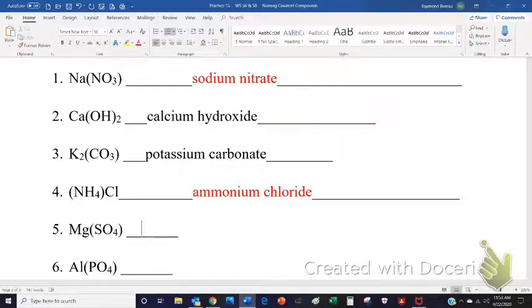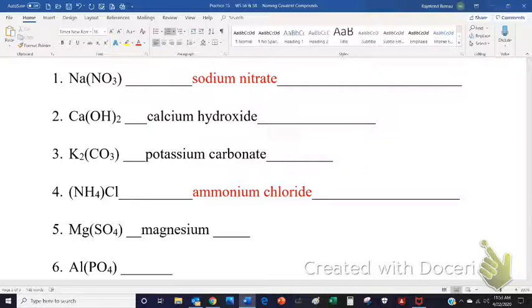And you'll see Mg, that's a single element. Now the way I wrote these, I put all the polyatomic ions in parentheses. When there's a subscript after it, like number 2 has a 2 on the outside, they have to be in parentheses. If the OH was by itself without the little bitty 2 on the outside, you might not see parentheses.